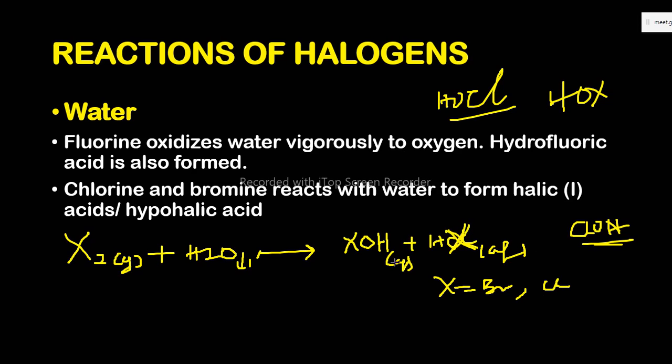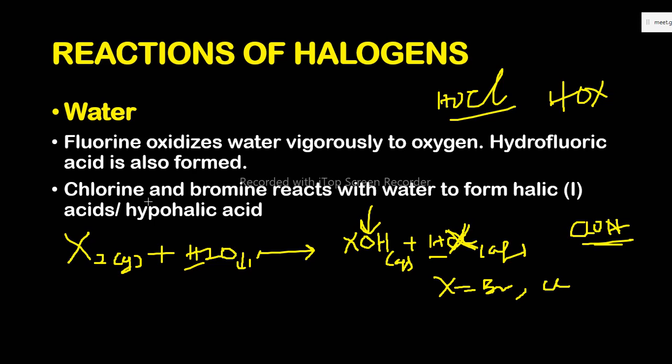Okay, so anyway, it is balanced. There is one H here, there is another H, there is O here. So now this is bromine and chlorine. When they are dissolved in water, you form a hypohalic acid or a halic 1 acid.